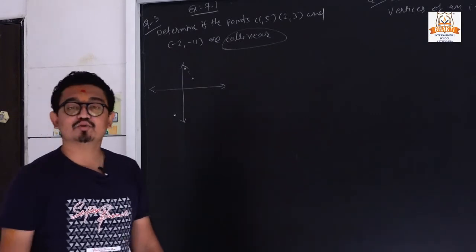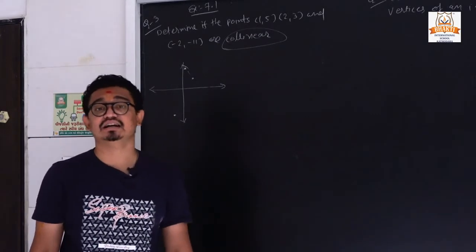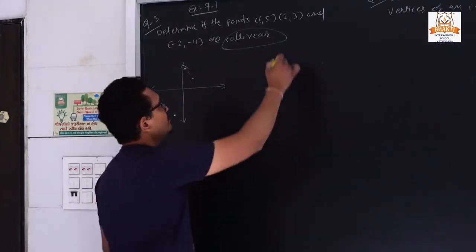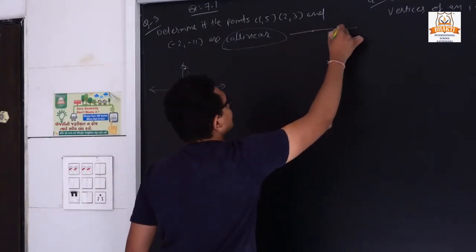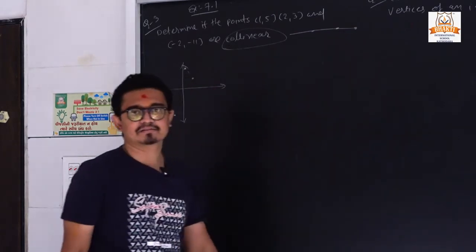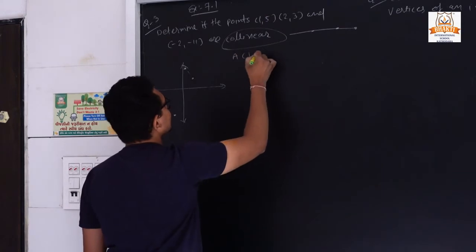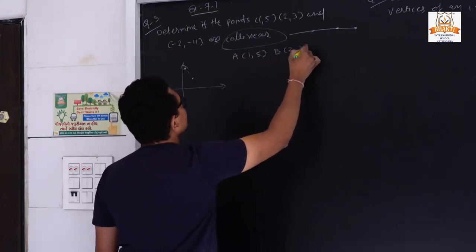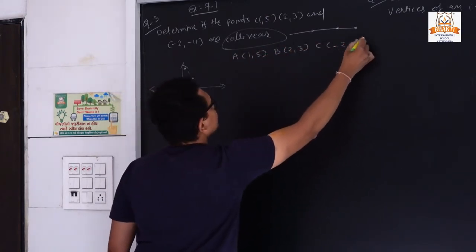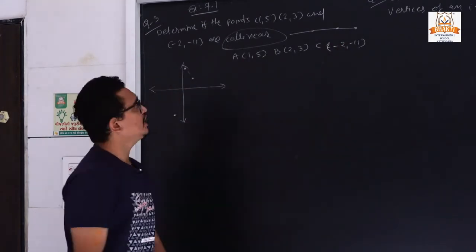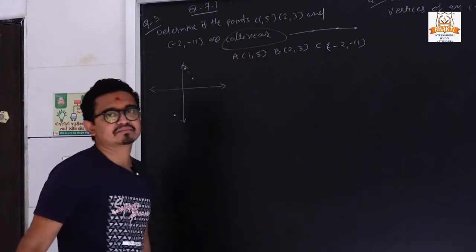Now I want to prove by using the distance formula that they are not collinear points, because if they are collinear, they make one same line like that. First of all, we declare this point A, that is B, and that is C. For collinear, you need to remember one thing.